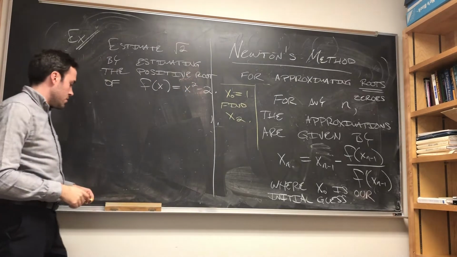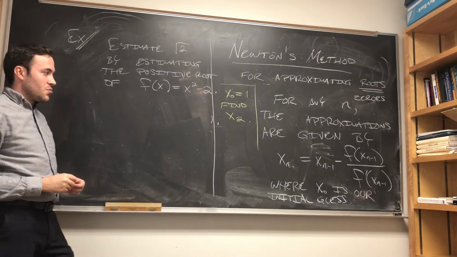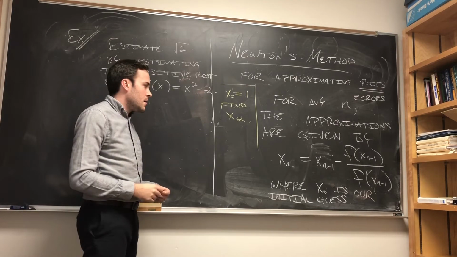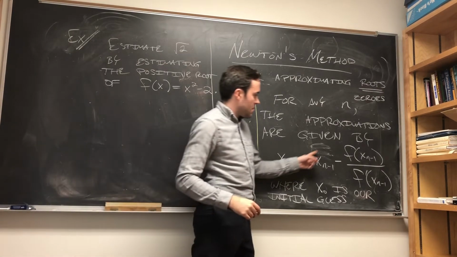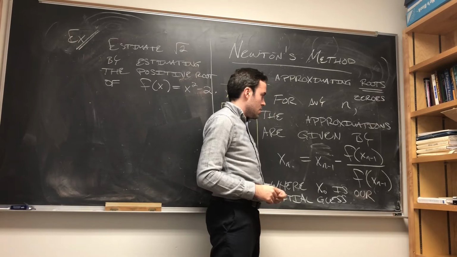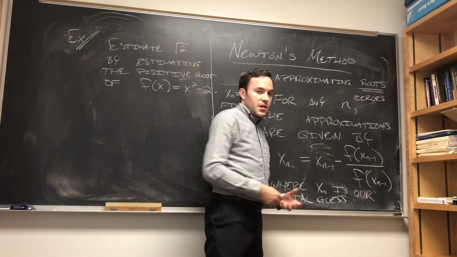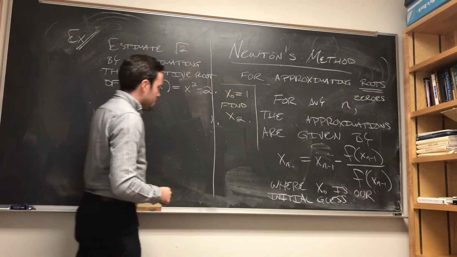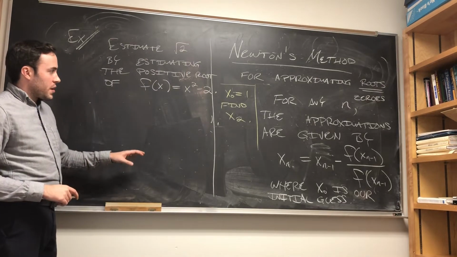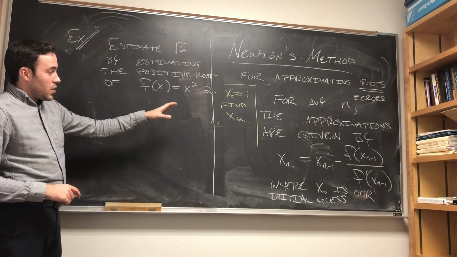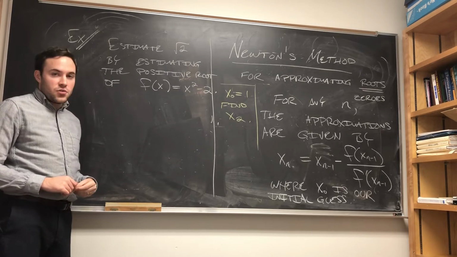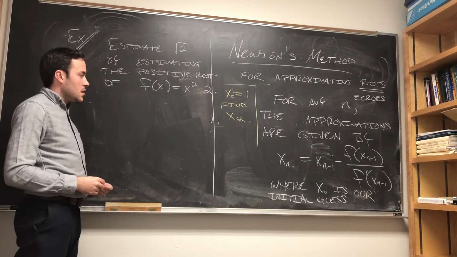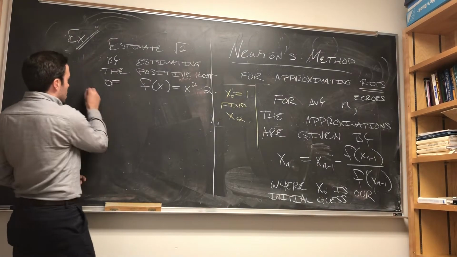We're not going to do too many steps here because it really gets cumbersome to do by hand. As you might guess from the notation for the algorithm, it becomes quite cumbersome. So we're going to take x naught to be 1 and find x2, the second approximant in Newton's method.